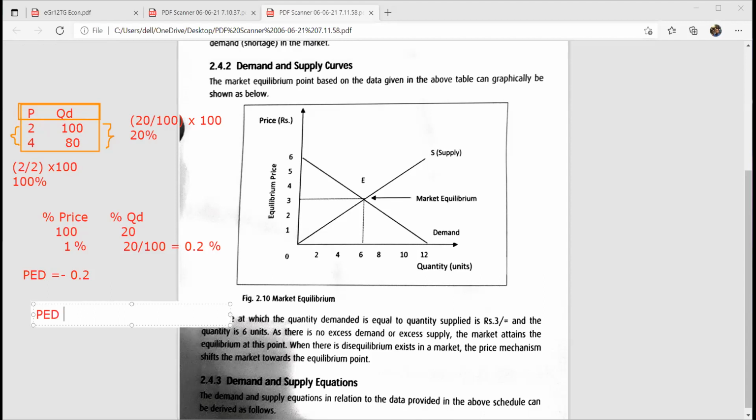So PED equals the percentage change in quantity demanded due to the percentage change in price. Right. This is how we look at price elasticity of demand. Simply 20 divided by 100. That is the answer. Right.